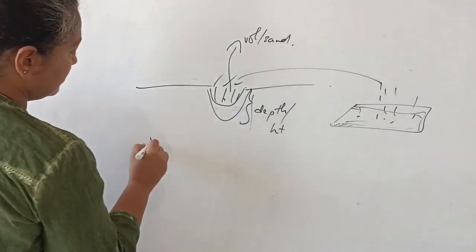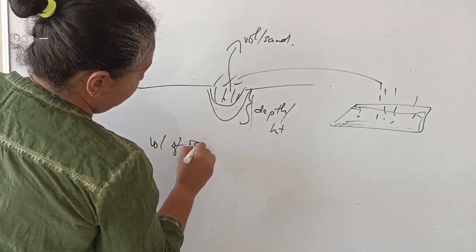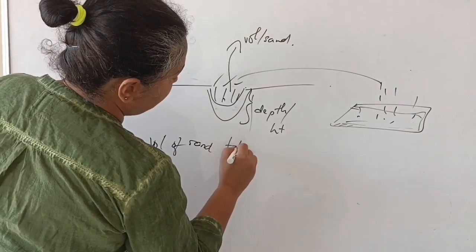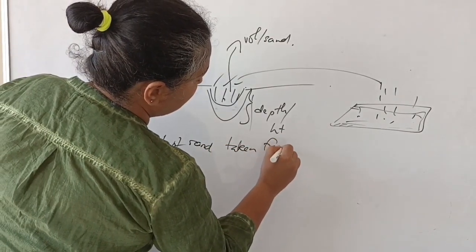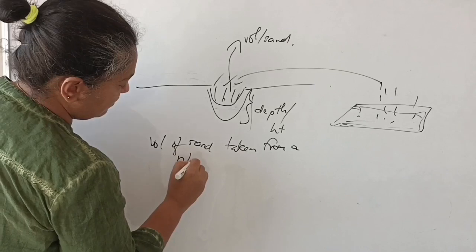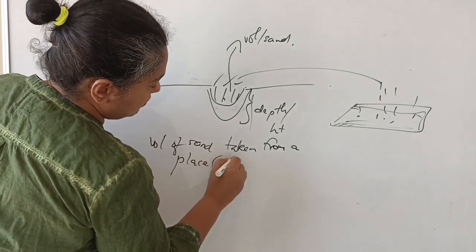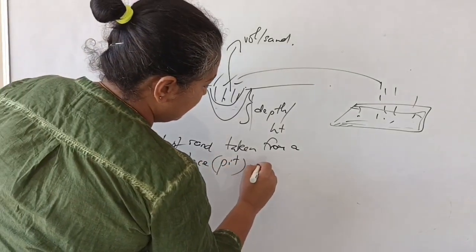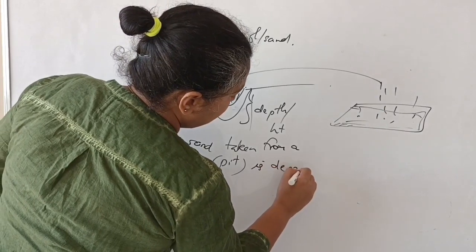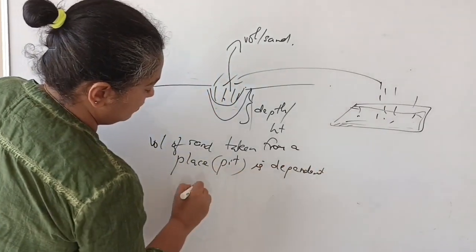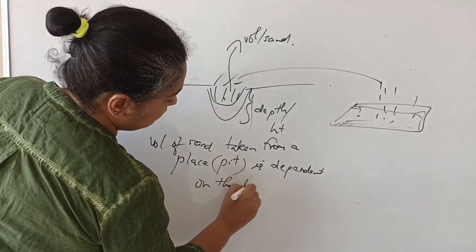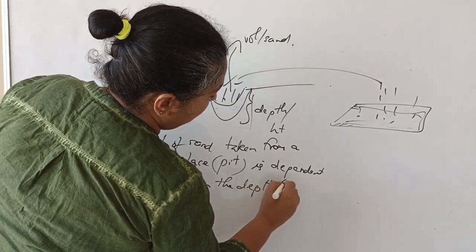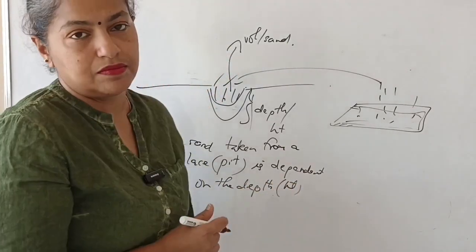Now you know that the volume of the sand taken from a place or from a pit is dependent on the depth or the height of the pit.